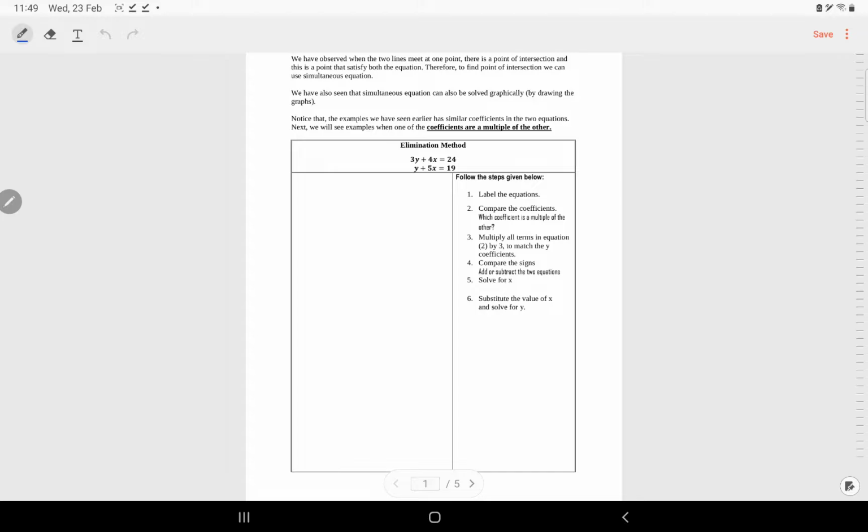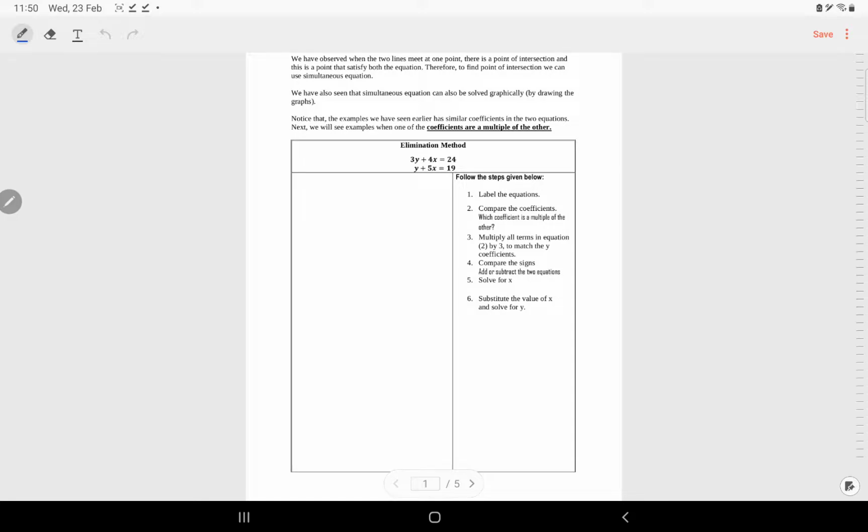You drew your two graphs, and what we saw was that we had a point of intersection. The point of intersection is basically the solution to the simultaneous equations. And we have also seen that simultaneous equations can be solved by drawing graphs.